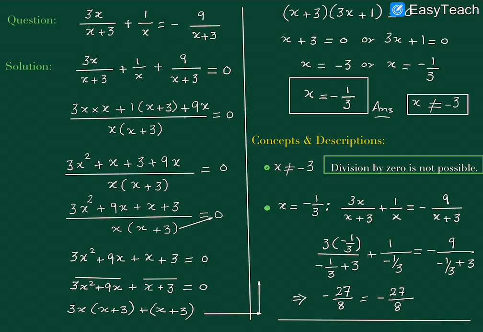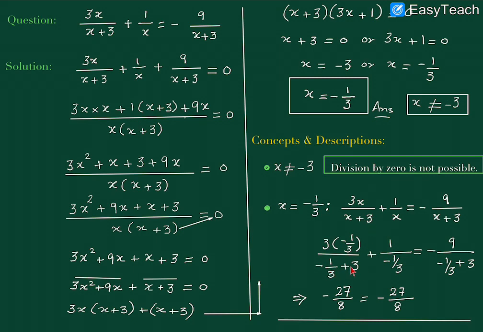The other factor, x is equal to minus 1 upon 3, is the solution, because when I put this value x is equal to minus 1 upon 3 in this given question, in place of 3x I'll put 3 times minus 1 upon 3, divided by negative 1 upon 3 in place of this x plus this 3.